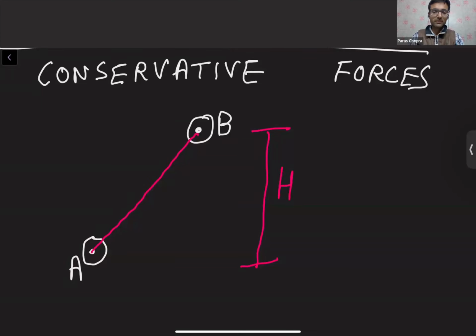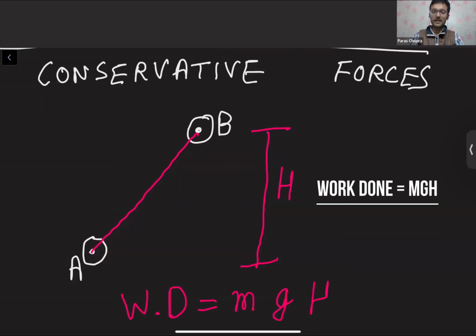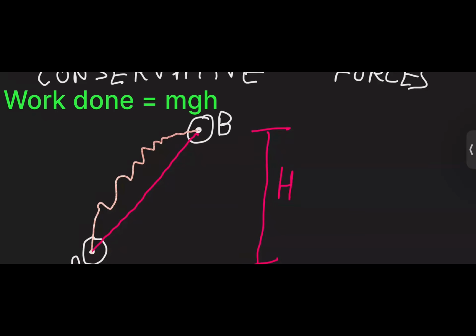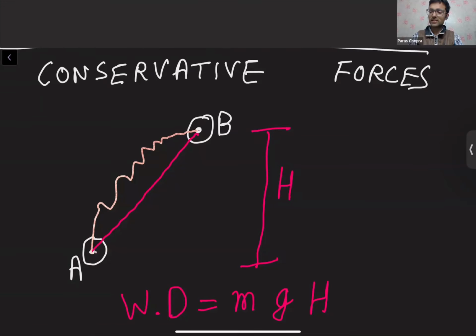So what will be the work done by the gravitational force in taking the ball from A to B along this route? Now suppose that instead of this route, we take the ball along some random route. In that case, what will be the work then? So in gravitational force, whichever route you take, the work done will only depend on the initial and final point.